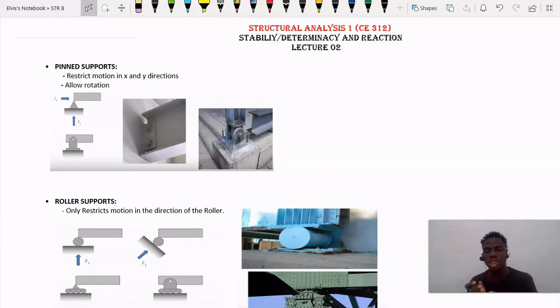So the chair needs to react by counteracting the force which I'm applying on the chair. So we are also going to use the same concept here. Whenever we are dealing with structural analysis, we need to know that the support reactions are what keep the structure at equilibrium. So we need to first of all determine the support reaction, that is, the forces that are going to keep the structure at equilibrium.